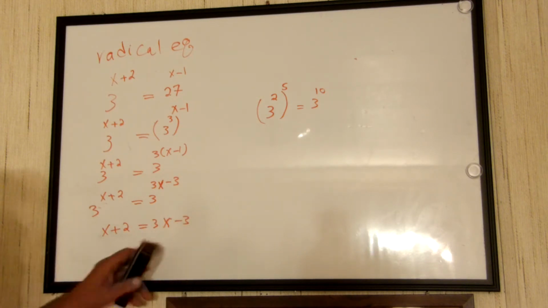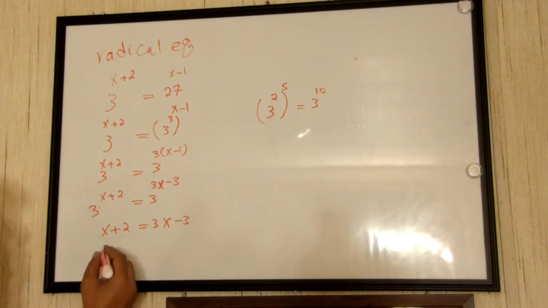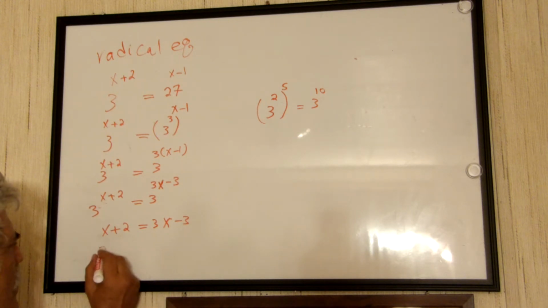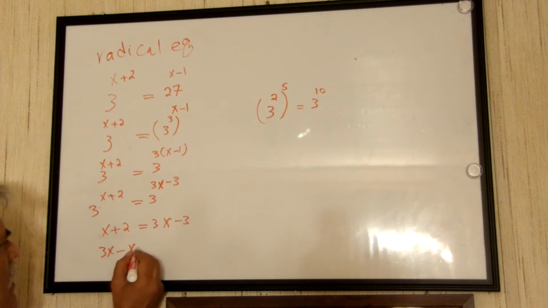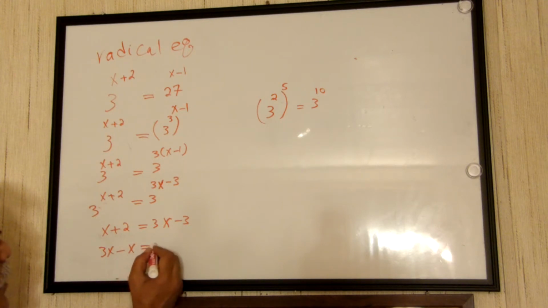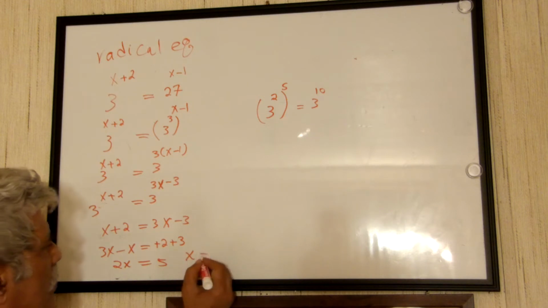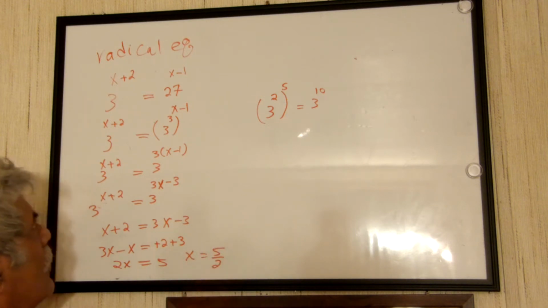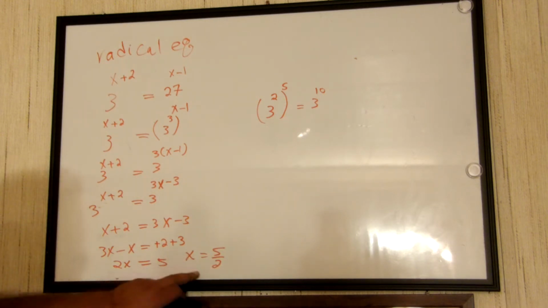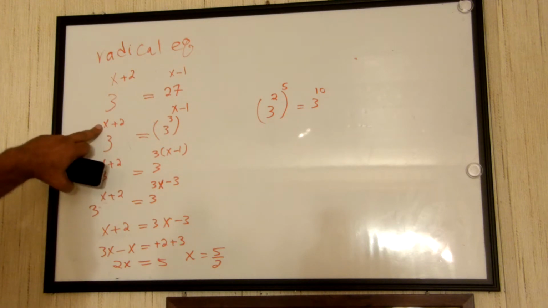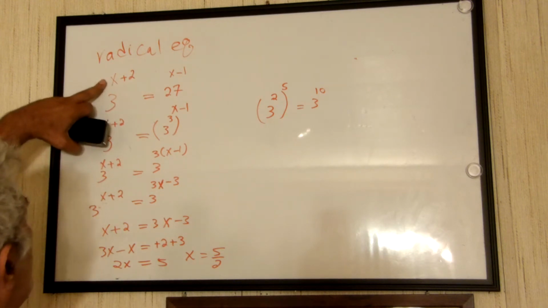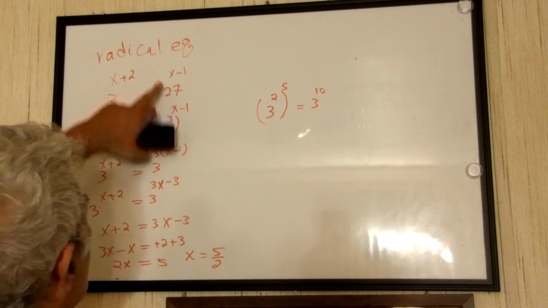Now let's solve this equation: 3x minus x is equal to 2 plus 3, 2x is equal to 5, x is equal to 5 over 2.